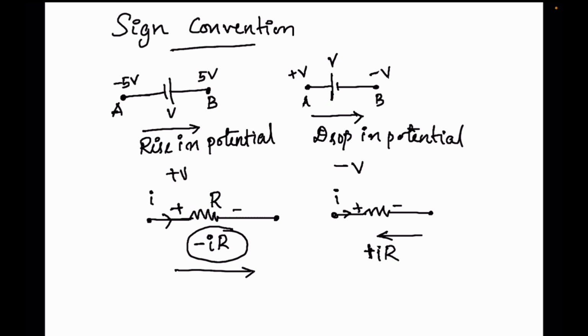So whenever there is a drop in potential, we should use minus V, and whenever there is a rise in potential, we will use plus V. In KCL, we have seen the summation of I in minus I out is equal to 0.